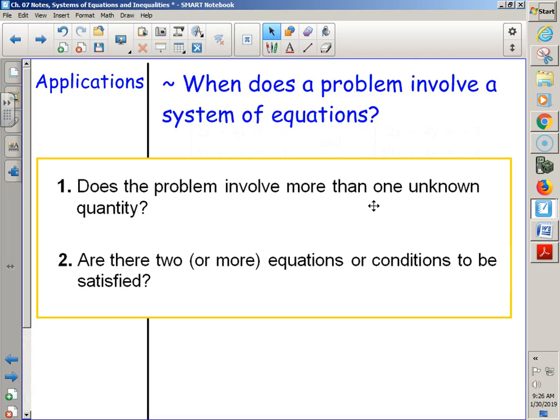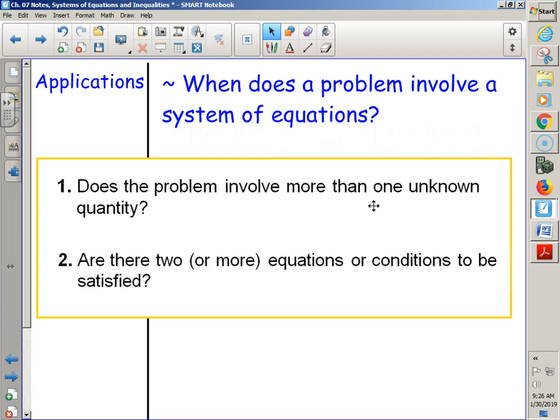It's a system. In that whole trying to figure out which way you'll get paid more, you were thinking about either straight commission or salary and commission. It's a system.